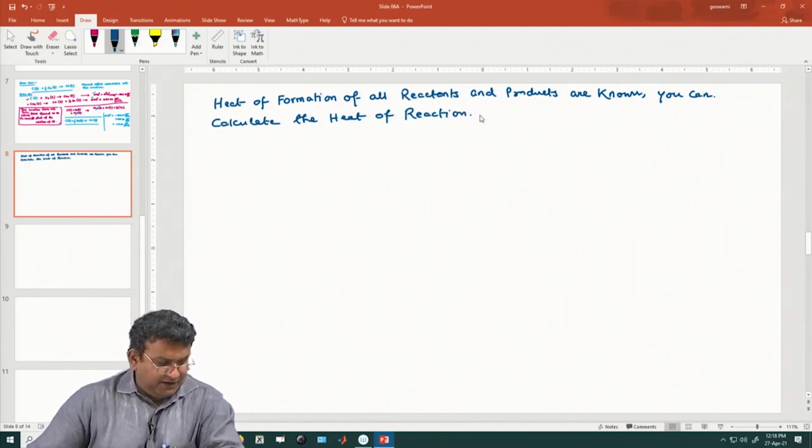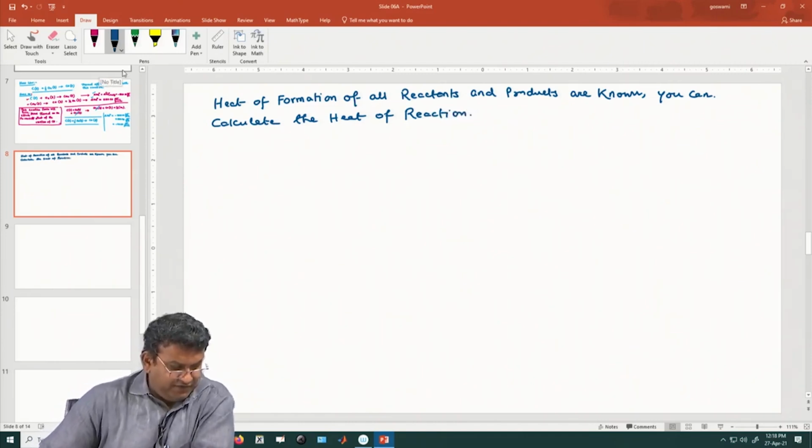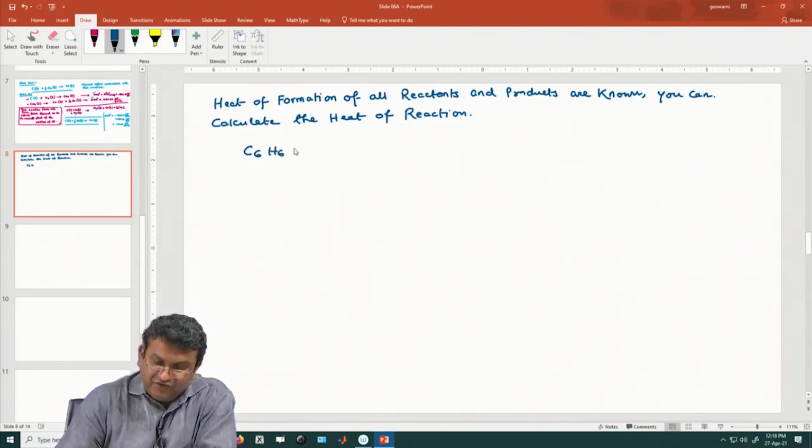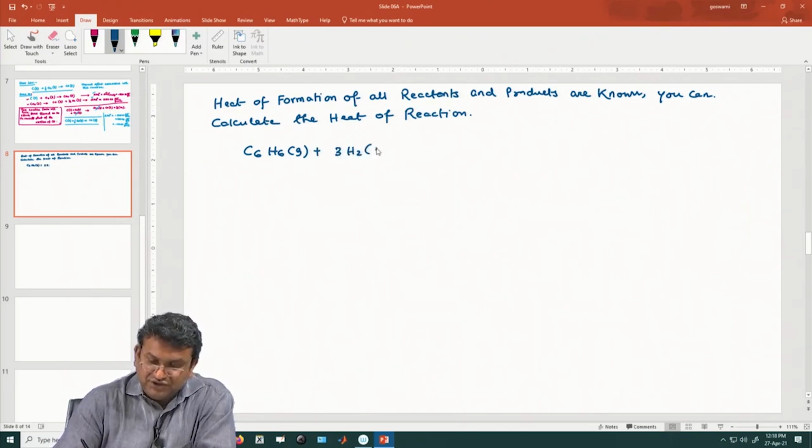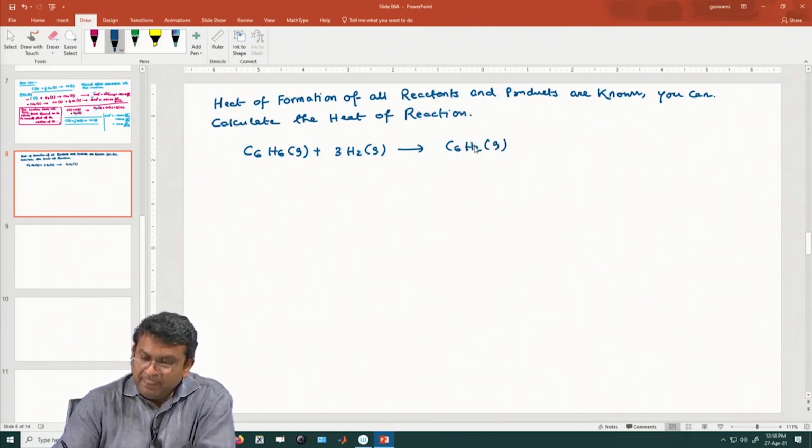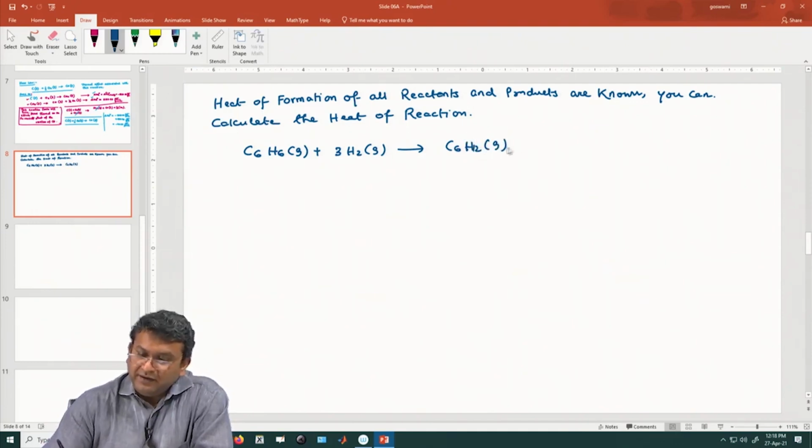For example, we have this particular reaction taking place, C6H6G plus 3H2G leading to C6H12G, right.